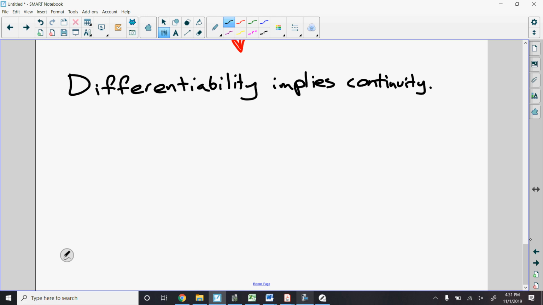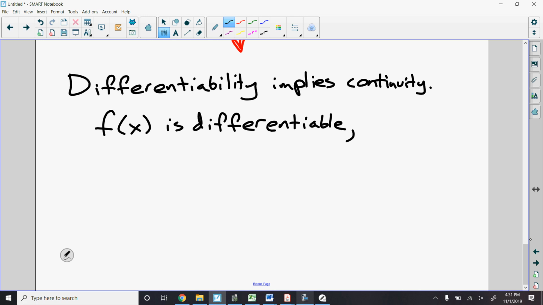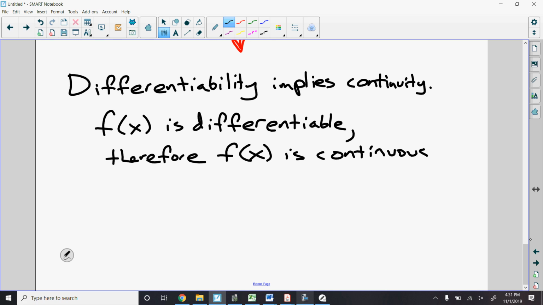So if I tell you f of x is differentiable, therefore f of x is continuous. It guarantees it.